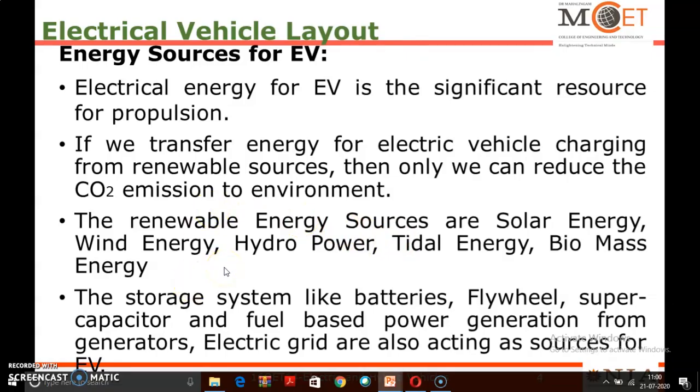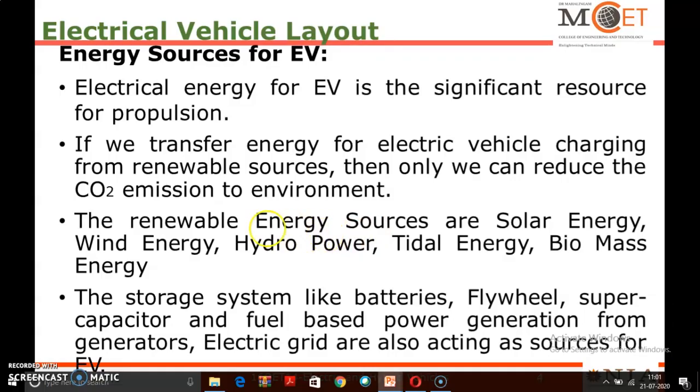We know that all the renewable energy sources are dependent upon natural resources for generating electricity. Hence, it is required to store the electricity generated from the renewable energy sources. Whether it is solar, wind, hydropower, tidal energy or biomass power plant, all the renewable energy sources are intermittent and stochastic in nature, since they are time varying.